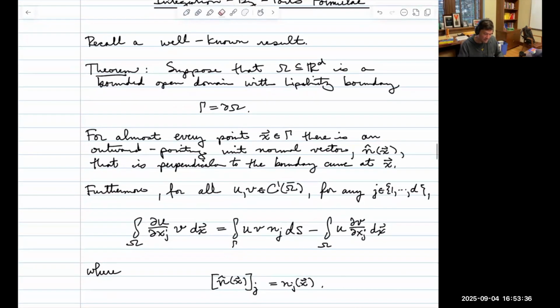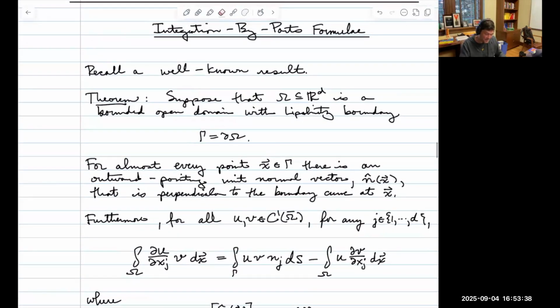Suppose that we have a set that is an open bounded domain, but it has a fairly nice boundary, a Lipschitz boundary. So this means it can have corners on it, but it can't have radically bad corners, okay?